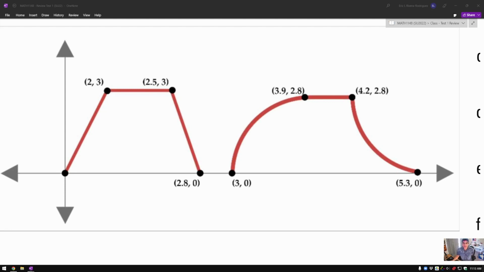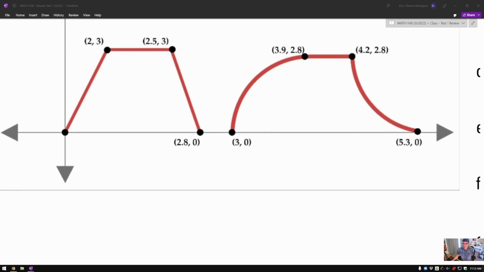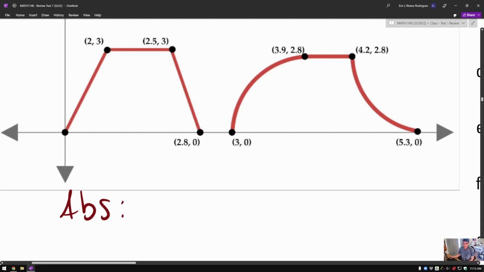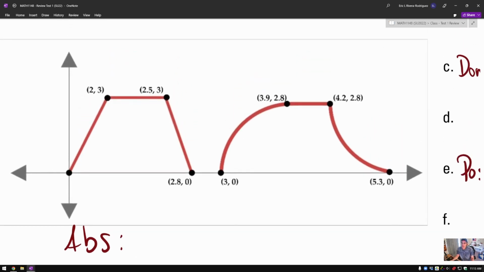Okay, let me give you an example. Let's find the absolute maximum value. Across this whole graph, which is representing the values of the function, we are going to find the highest point. Where is the highest point?